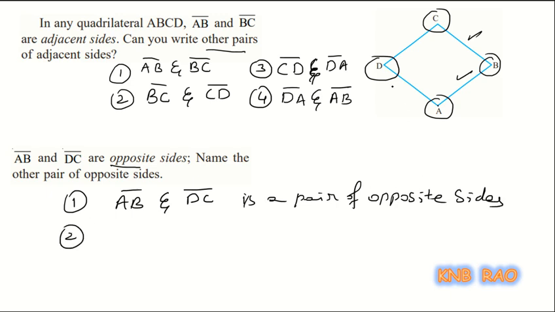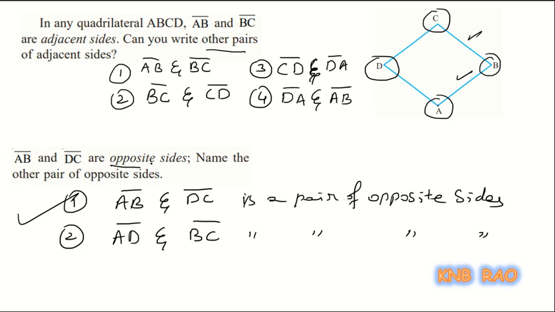Second, DA and CB, or I can say AD and BC, is another pair of opposite sides. So therefore, we have got two pairs of opposite sides in a quadrilateral.